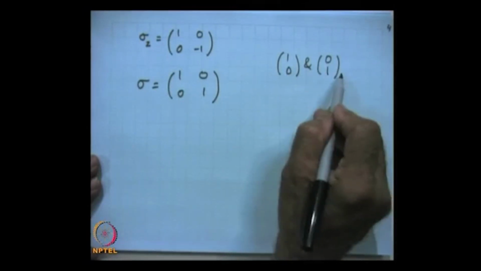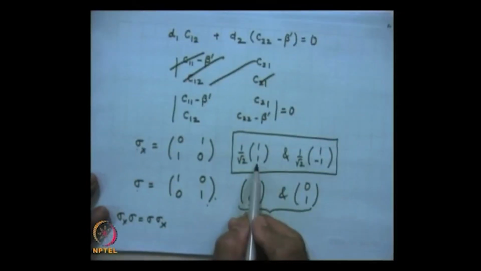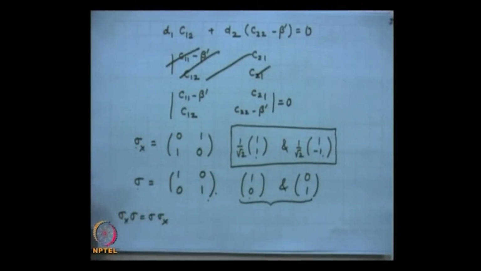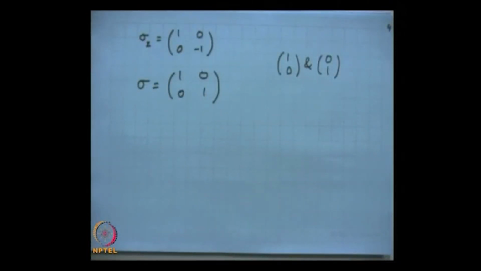So, we have shown that if two linear operators commute, then we can always construct a complete set of simultaneous eigenkets.